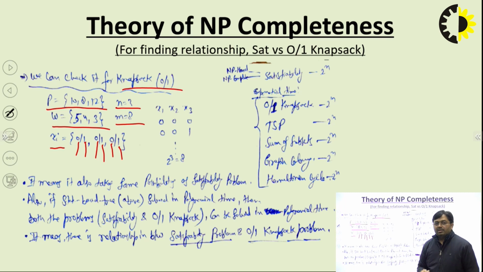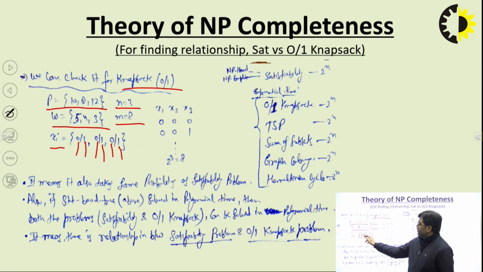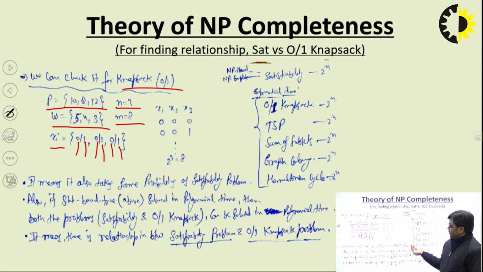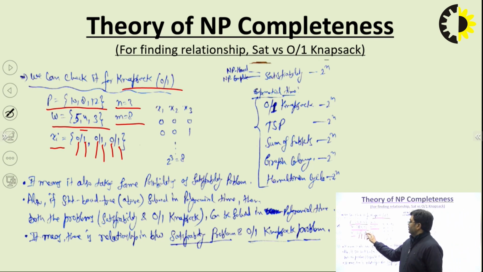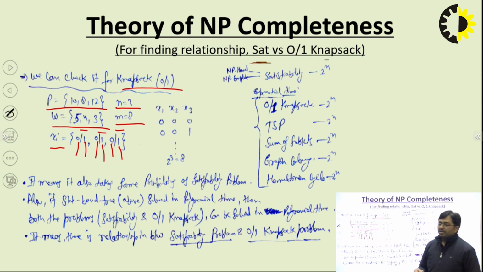Means we have the choice for every element, 0 or 1, having or not having, for element 1, element 2, element 3, or thing 1, thing 2, thing 3, we can say any more things.